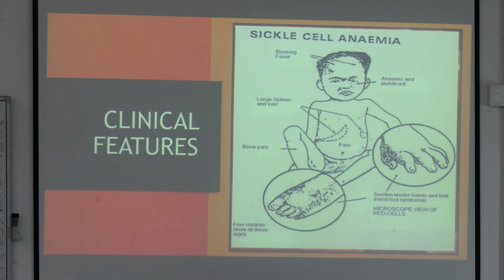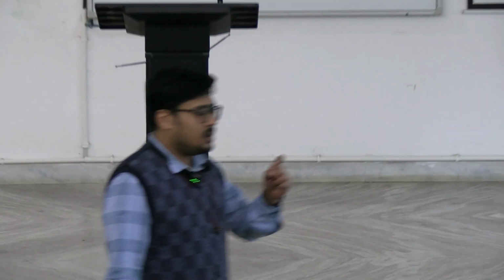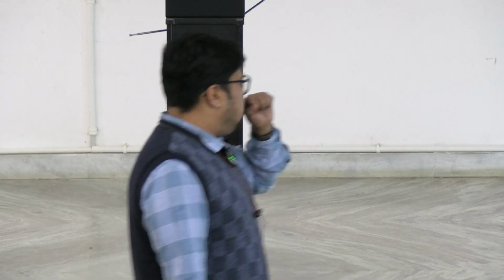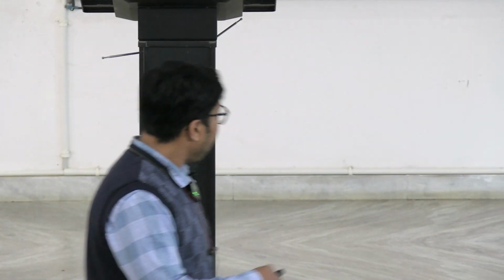Bone pain is due to the same vaso-occlusive crisis. In avascular necrosis, the hairpin pattern of the vascular supply of the head of the femur, you have read it, is more prone to ischemia and hypoxic injury. So with avascular necrosis of the femur, the patient will come with bone pain.